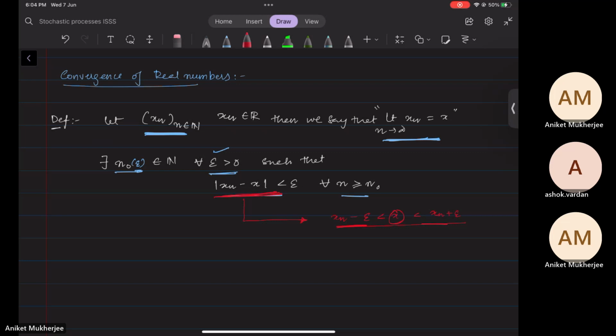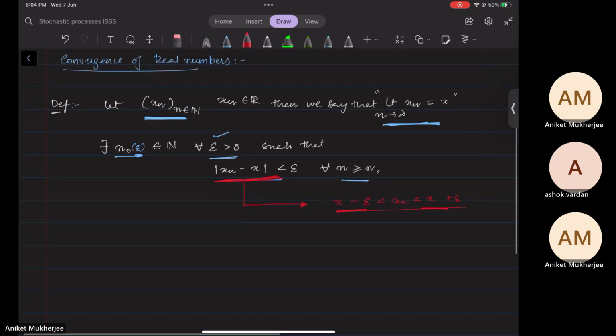Okay, I think I got this wrong. This is x minus epsilon, xn, x plus epsilon. Yeah, so xn lies between plus and minus epsilon of x at all times. Okay, so this was convergence.